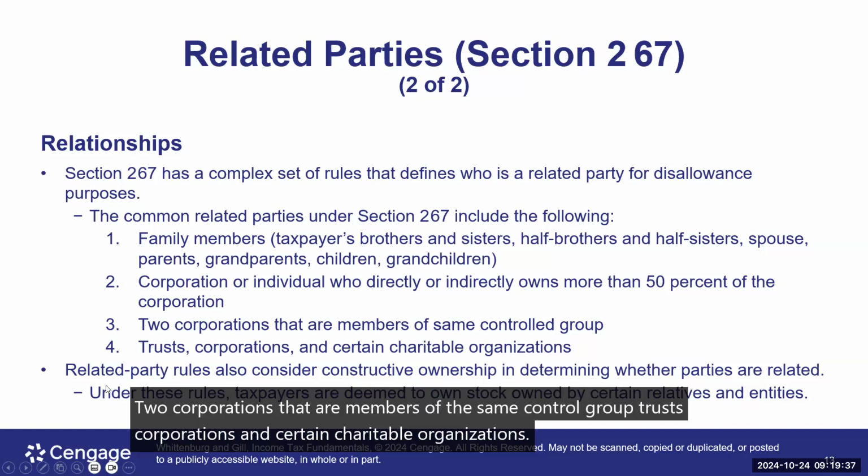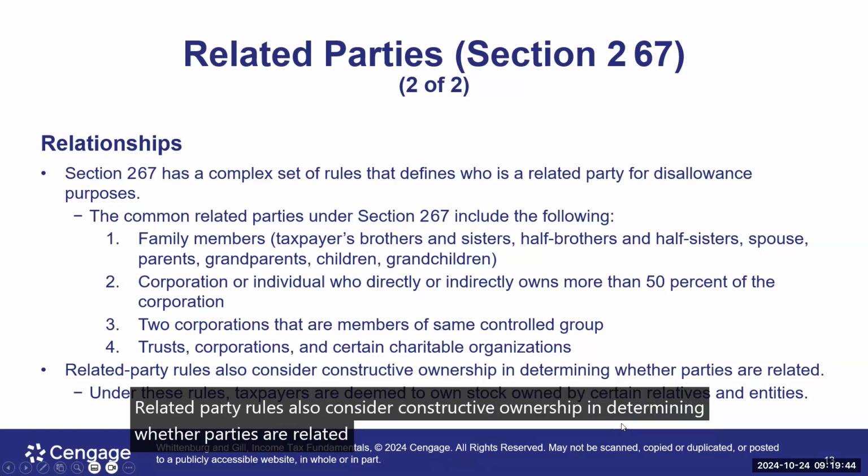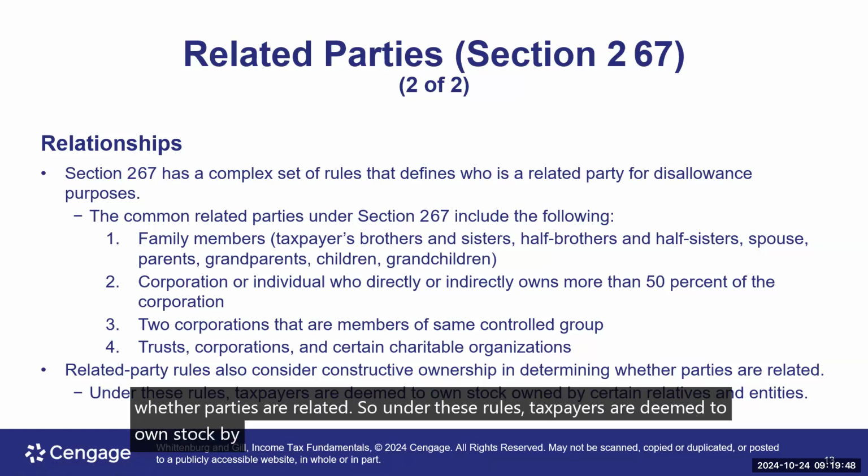Related party rules also consider constructive ownership in determining whether parties are related. So under these rules, taxpayers are deemed to own stock owned by certain relatives and entities.